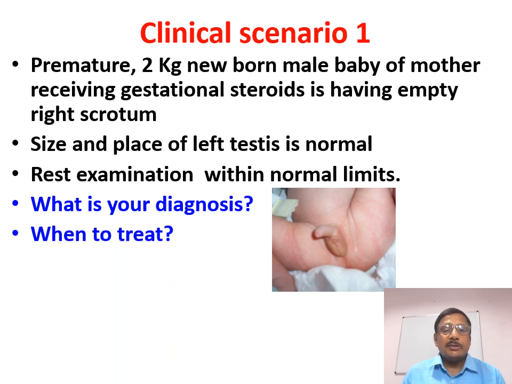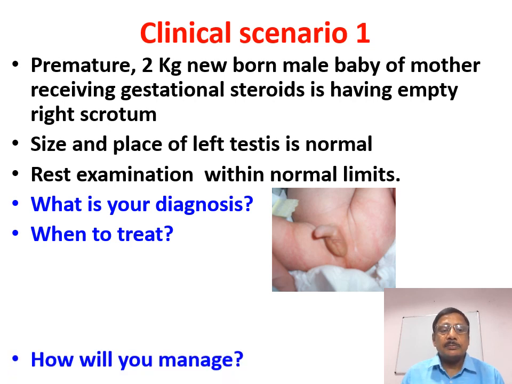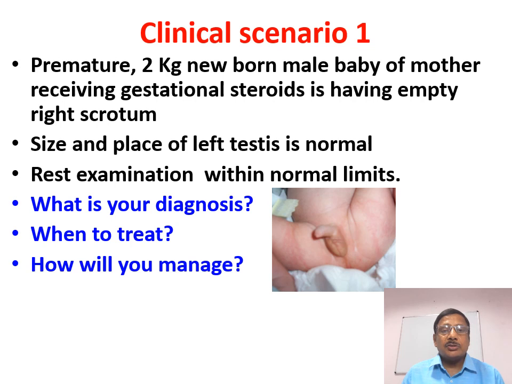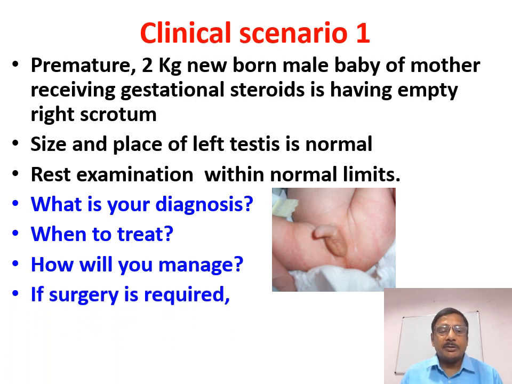When will you treat? Definitely you will treat after 1 year, because histopathological changes do occur after 1 year, and up to 1 year the testis can come down on its own. How will you manage? You will do workup, you will do clinical examination, you will do radiology, and then you will manage accordingly whatever is needed for that patient.